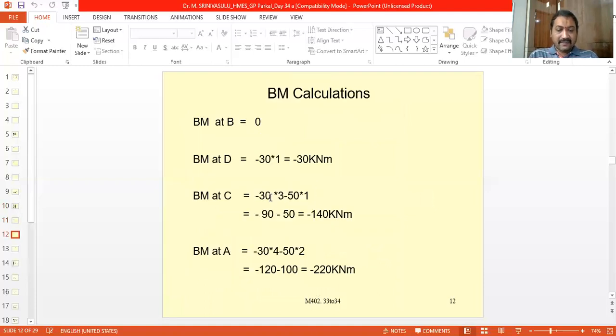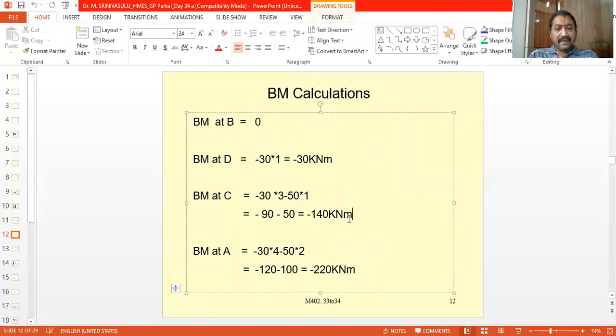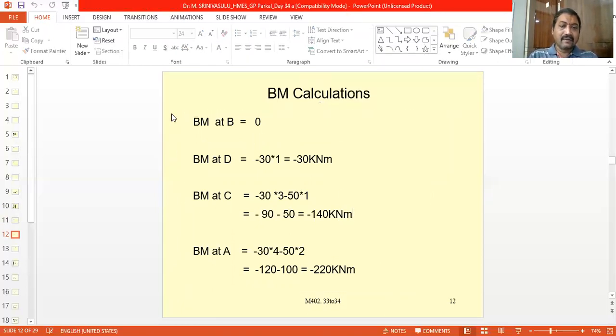Minus 30 into 3, and minus 50 into 1. So minus 90 minus 50 is equal to minus 140 kilonewton meters. That is the bending moment acting at point C.